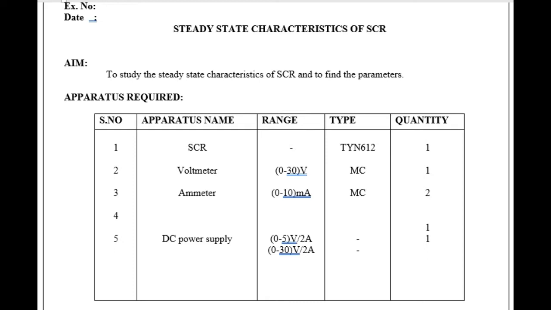The required apparatus are as follows: SCR with TYN612 type, 1 number; voltmeter 0 to 30 volt, moving coil type, 1 meter; ammeter 0 to 50 milliamps, moving coil type, 2 number; and DC regulated power supply.